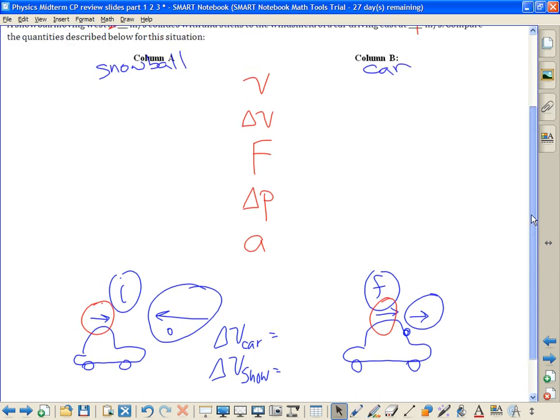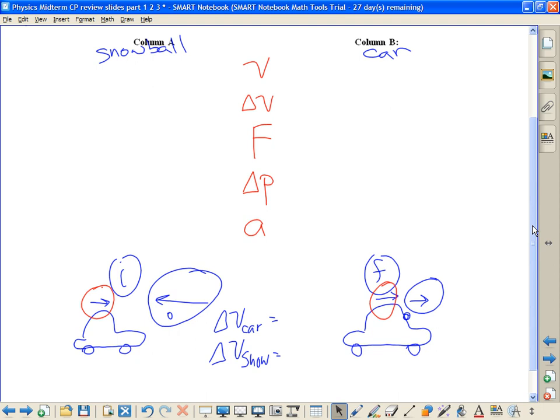Let's see. How about F's? If you're asked to compare force of car on snowball with force of snowball on car, whenever you see force of A on B and force of B on A, this sets alarm bells ringing in your mind.